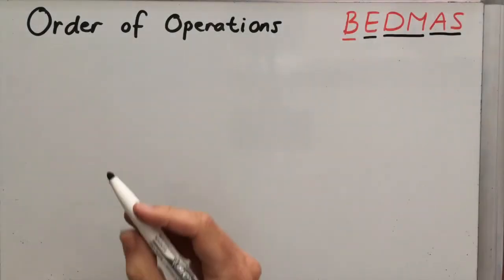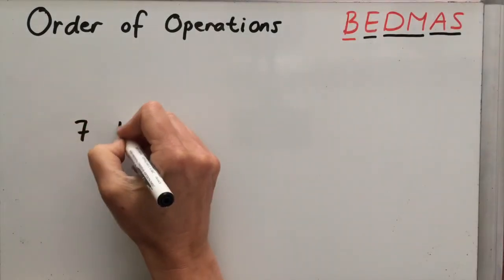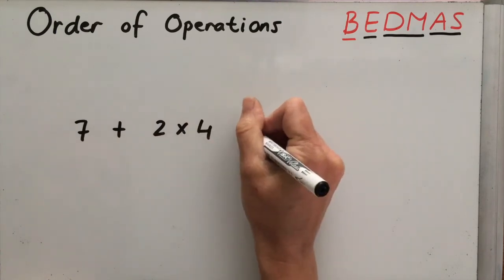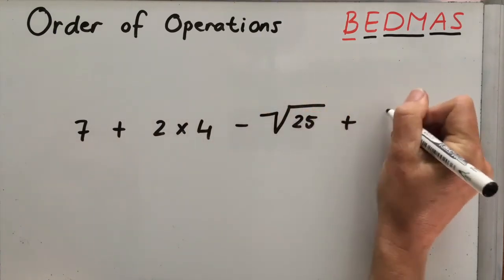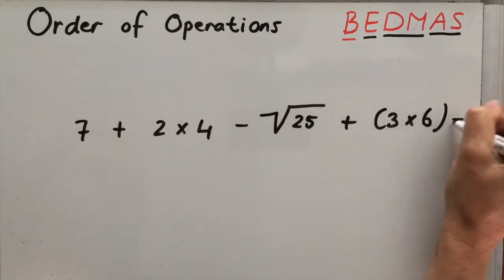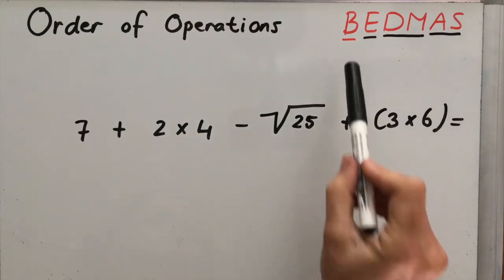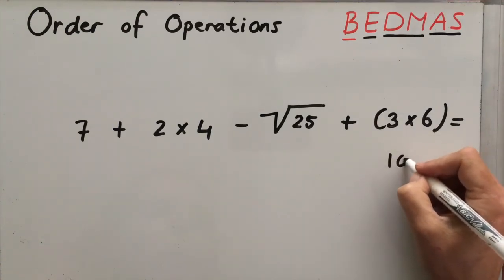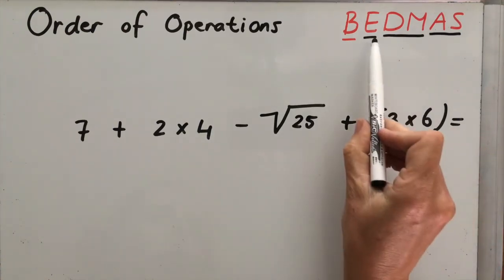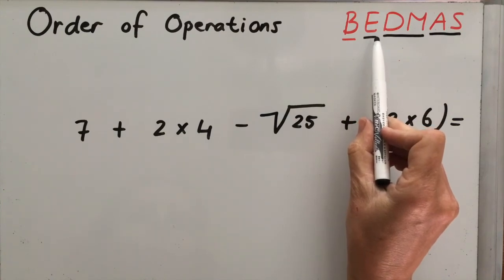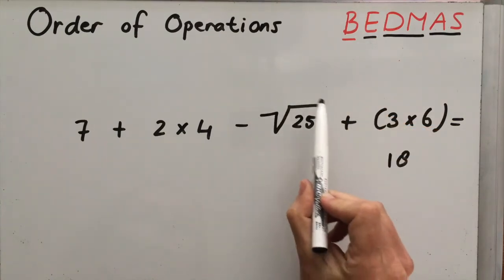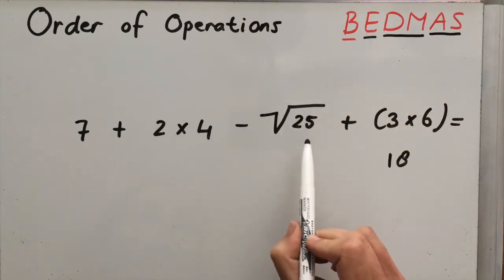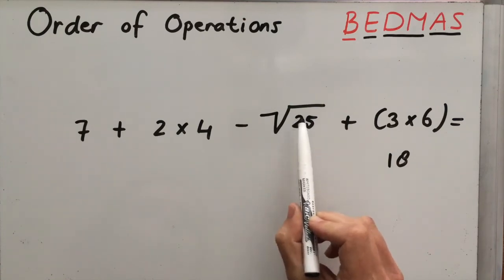One final problem. We first start with everything between brackets, which is this part, which is 18. Then I do exponents. Well, a square root is a version of that, and the square root of 25 is 5.